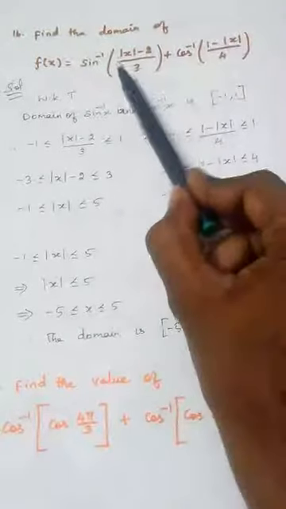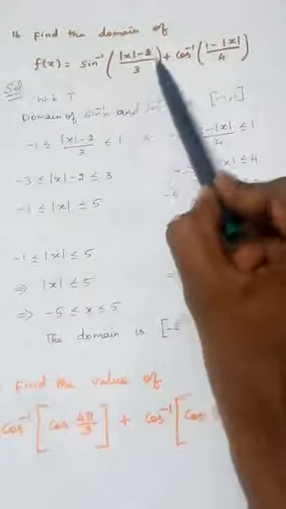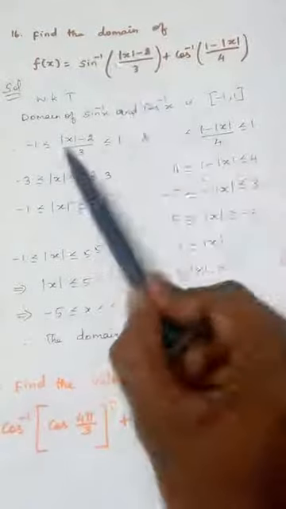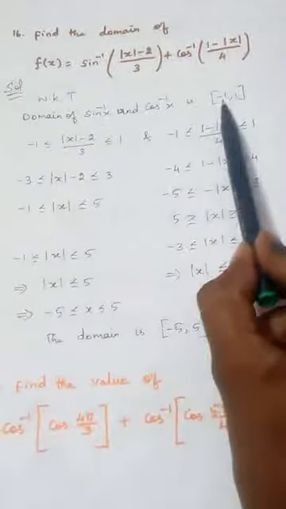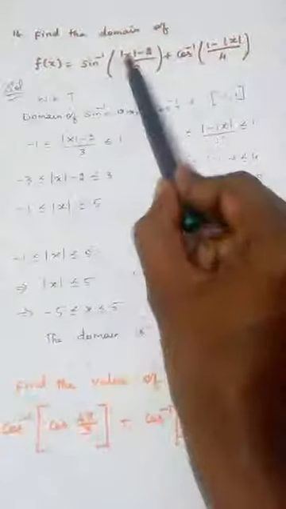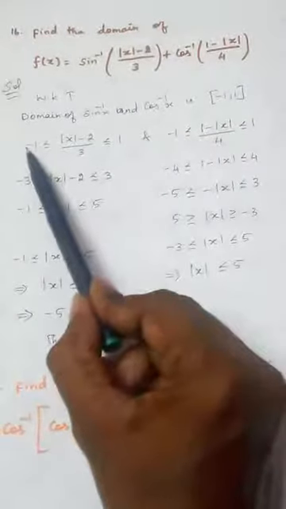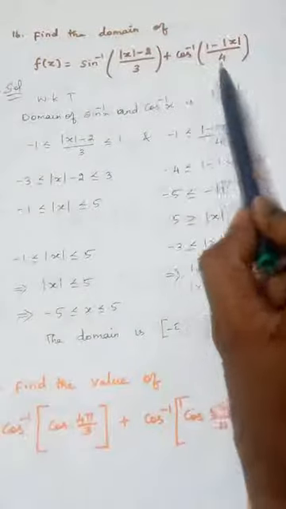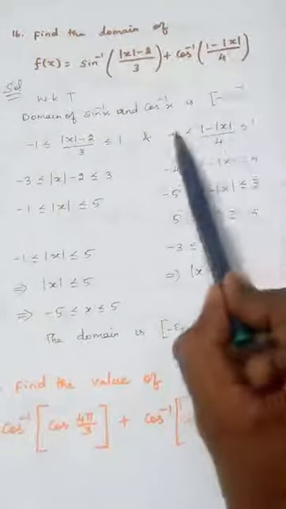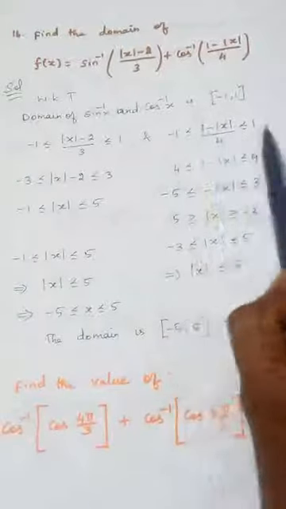So easily we can say that this bracket value should lie between minus 1 to plus 1, because that is the domain of sine inverse. Same thing for cos inverse also. So this value should lie between minus 1 to plus 1.